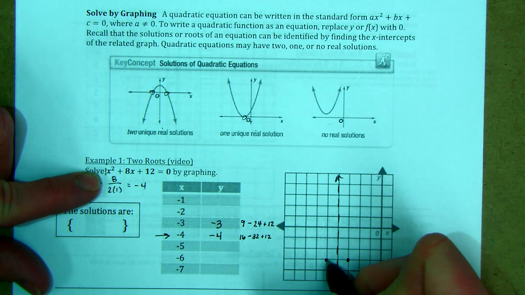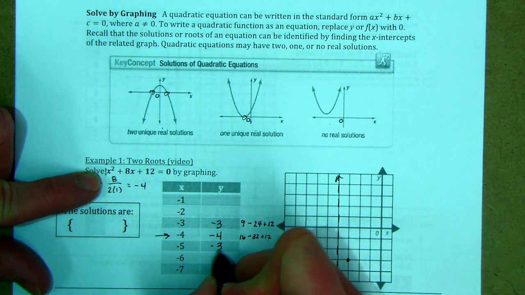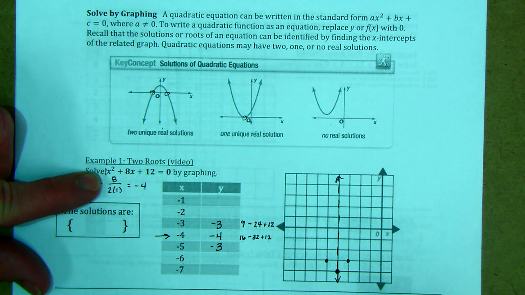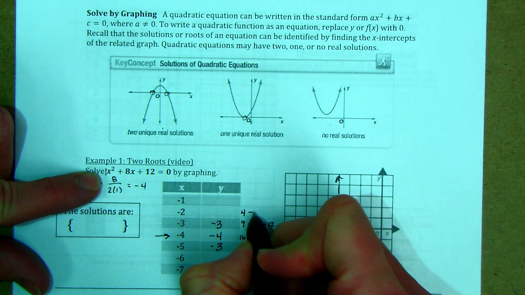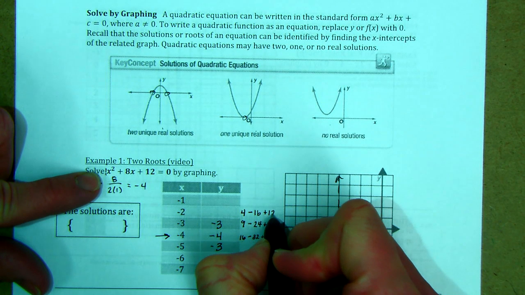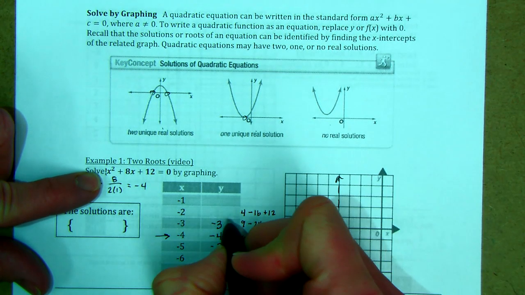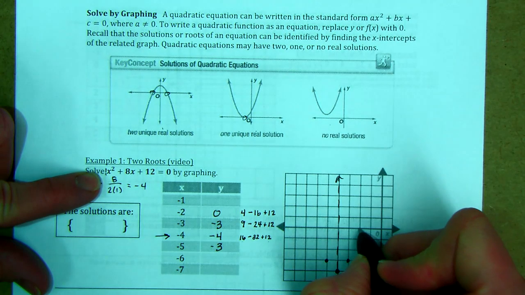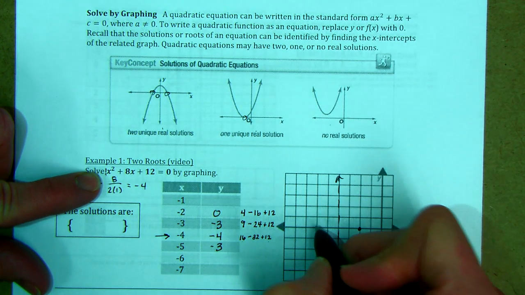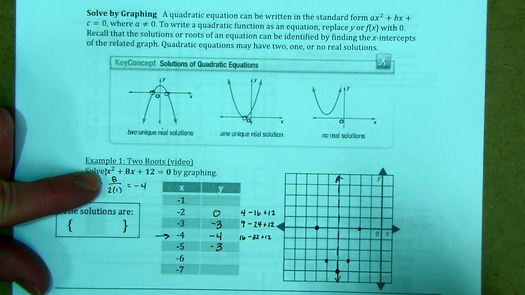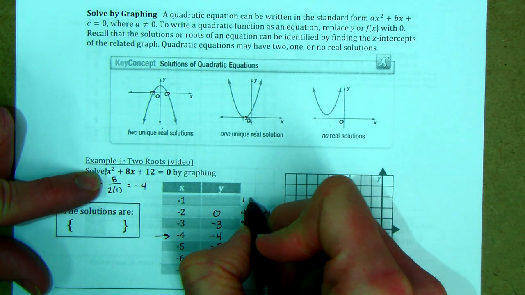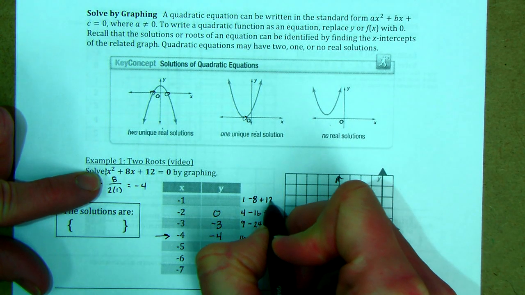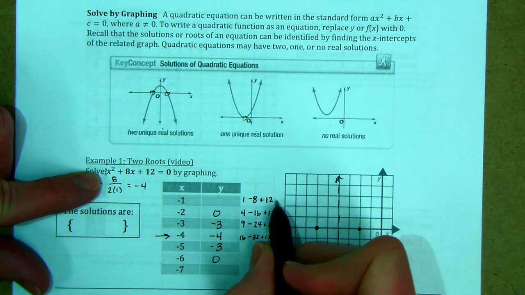Put in a -2, I've got 4 minus 16 plus 12, and that will be 0. So -2 is at 0, which means so is -6. And I could put in -1 just for fun. 1 minus 8 plus 12, and that would be 13. Minus 8 would be a positive 5. So that's 1, 2, 3, 4, 5.